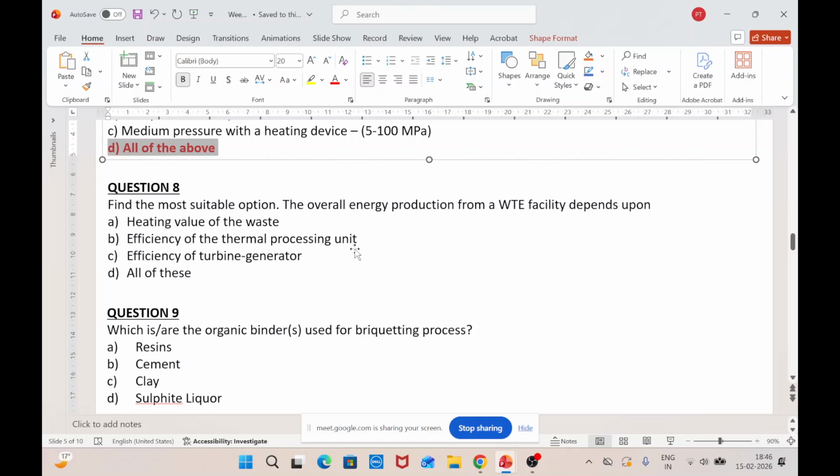So which one of the following will be an organic binder? Cement, clay, sulfite liquor, or resins?